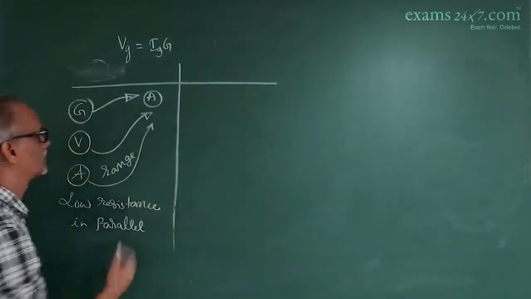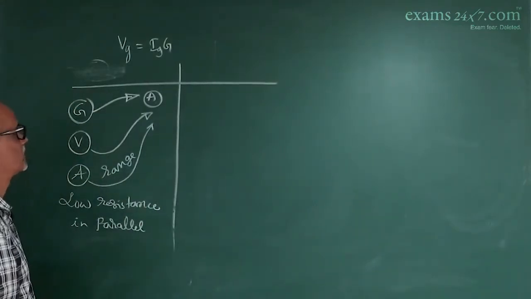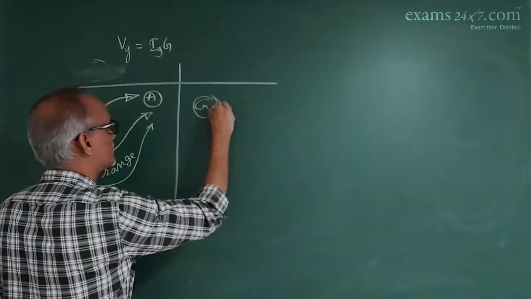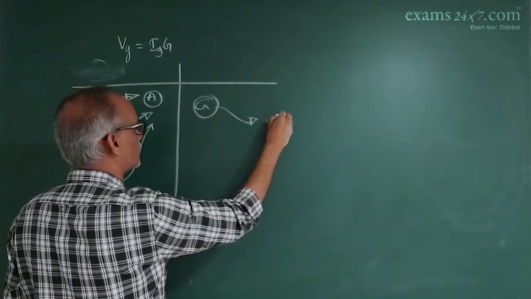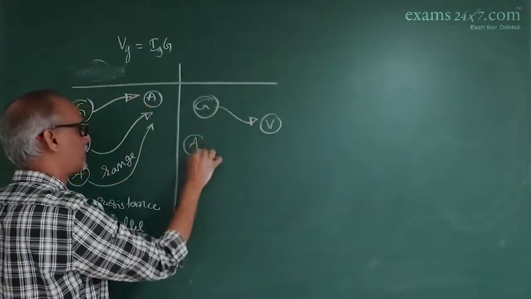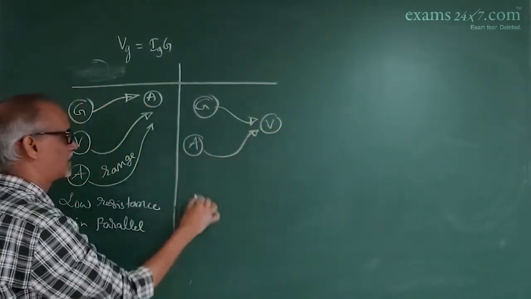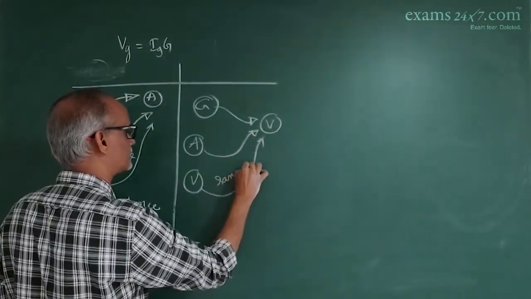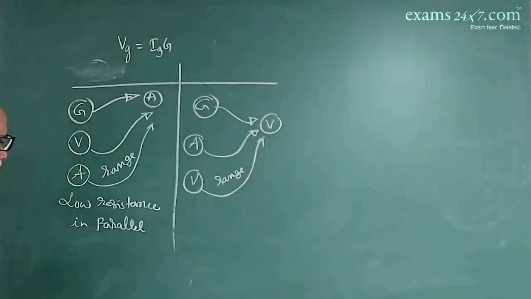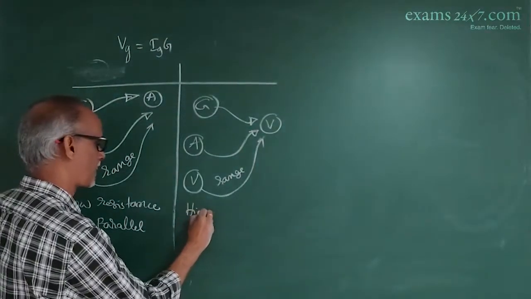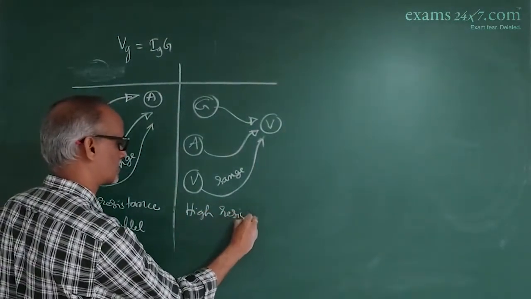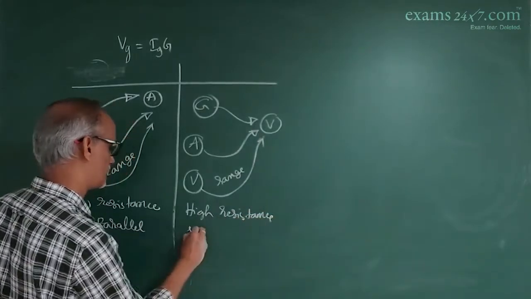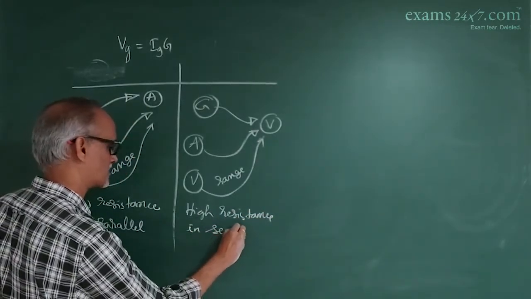In the next type of conversion, we can convert a galvanometer to a voltmeter, we can convert an ammeter to a voltmeter, and then we can even increase the range of the voltmeter. And we can do this conversion by connecting a high resistance in series.